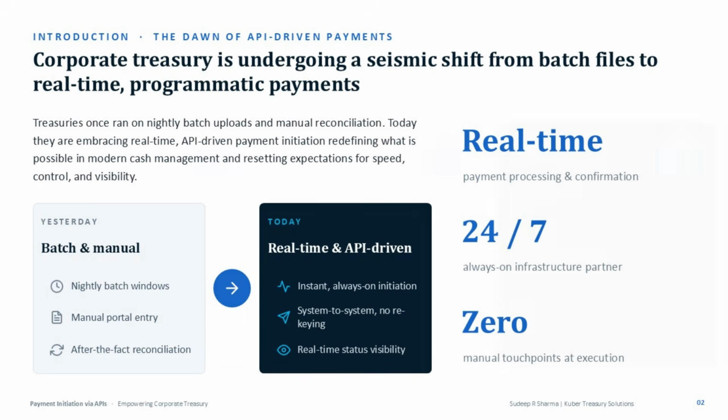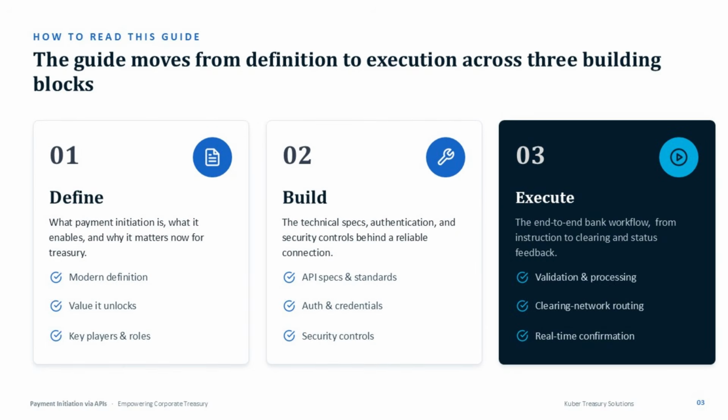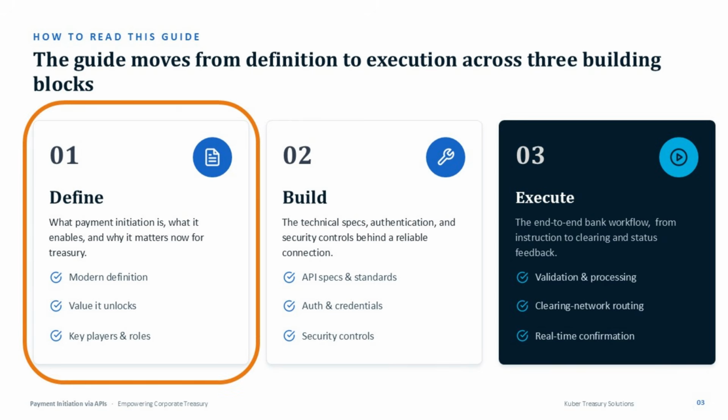So here, I like to break API payment initiation into three simple parts: define, build, and execute. First is define. We need to understand what API payment initiation is, what it helps Treasury do, and who is responsible for each part of the process.